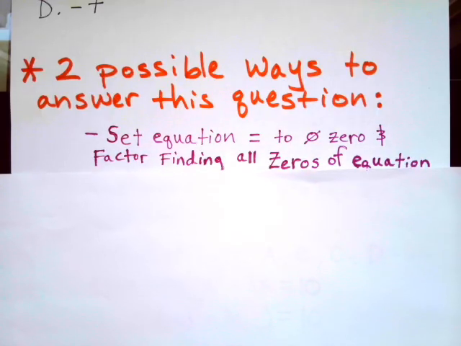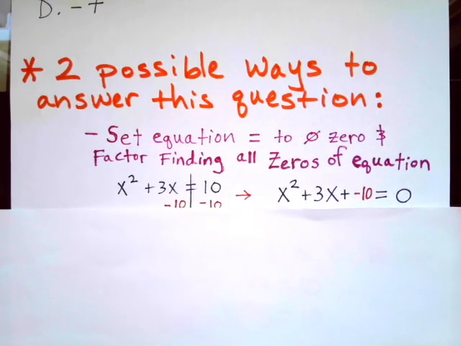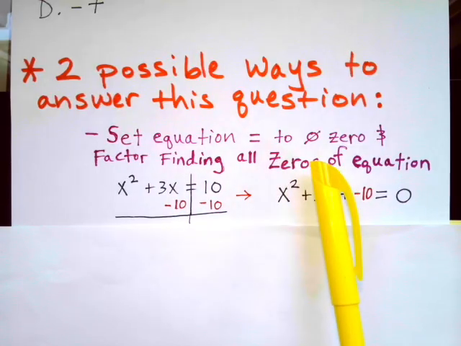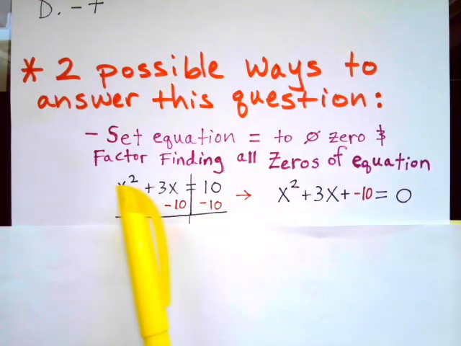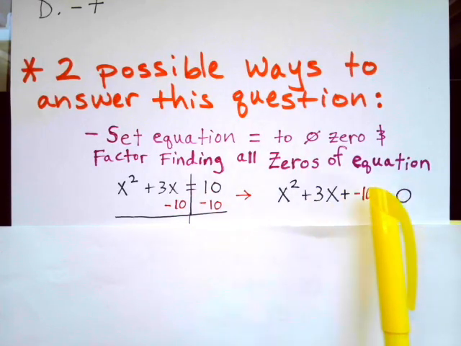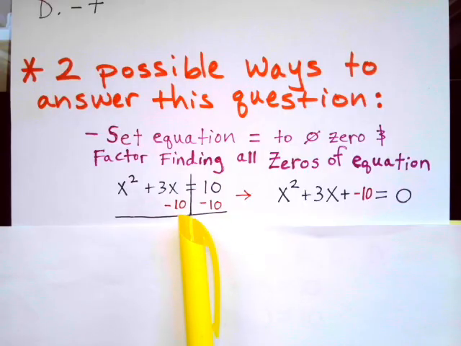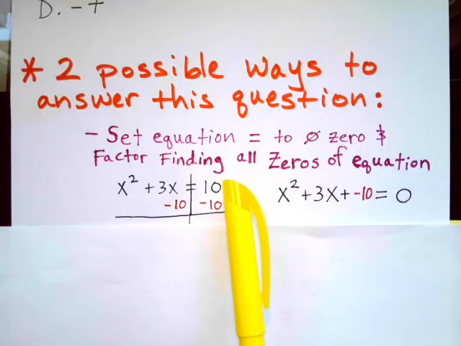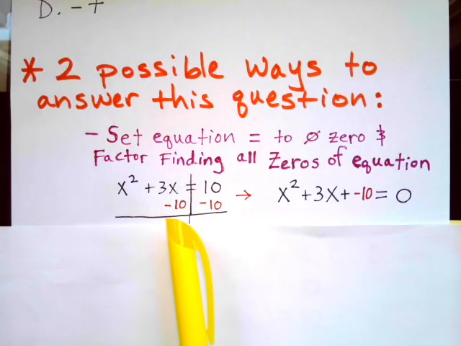The first way to essentially solve this type of question is to set equal to 0 and factor, finding all zeros of the equation. So we're going to set this equation equal to 0 like you see over here by moving that 10 from the right side of the equal sign to the left side.